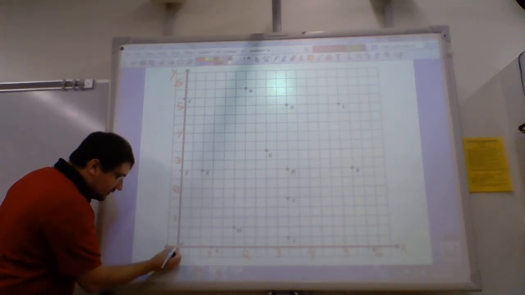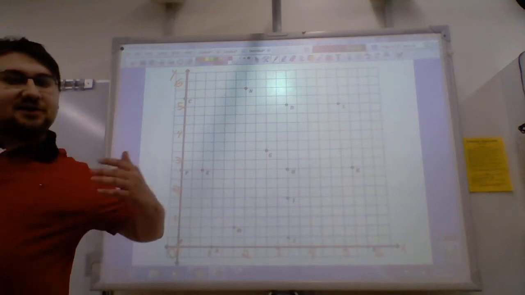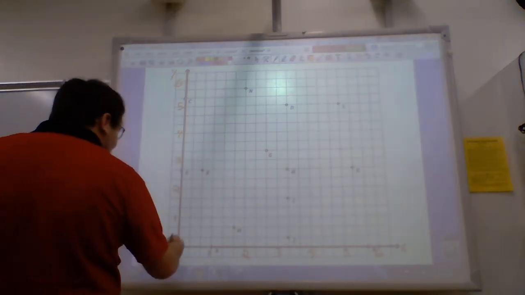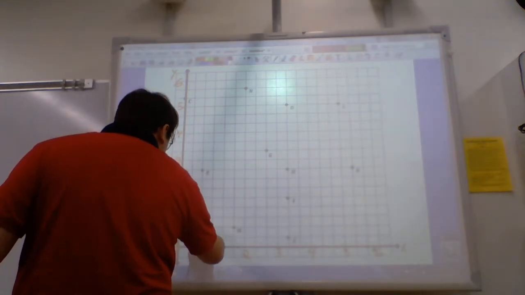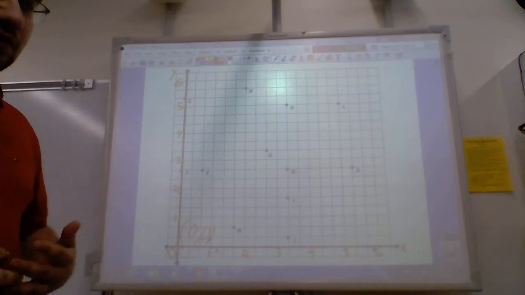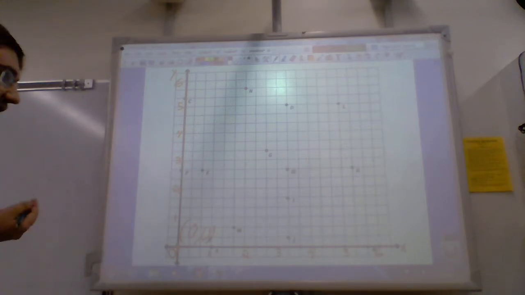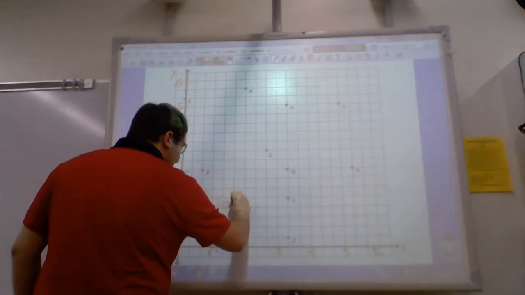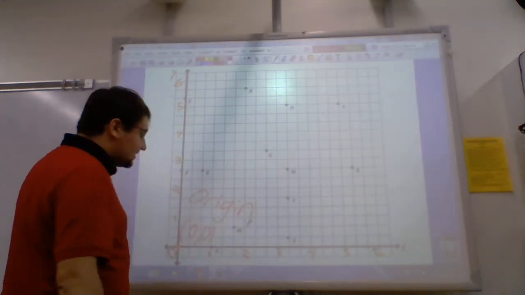Right here. We already talked about that. We talked about this literally last question, this is the easiest point. It's at 0, 0. The two lines are going to cross there. What's our other name for this? Our other name for that is the origin.